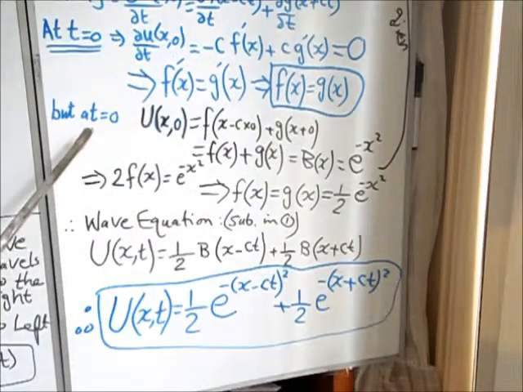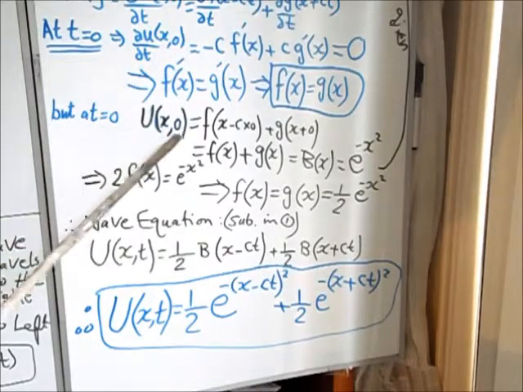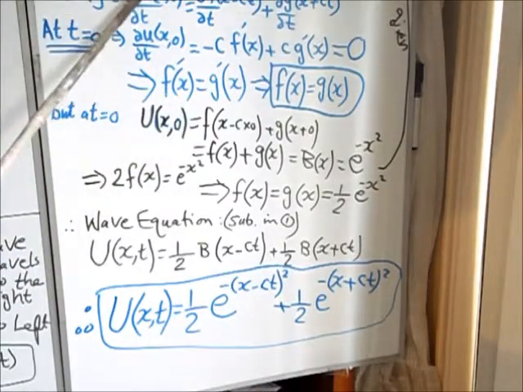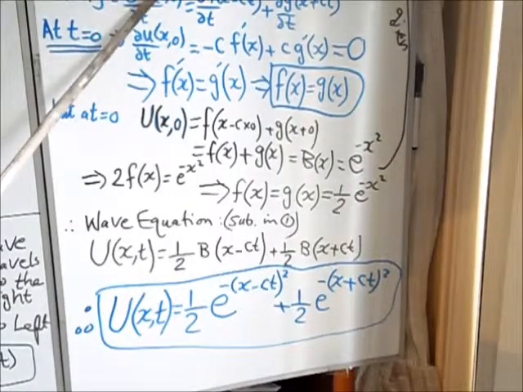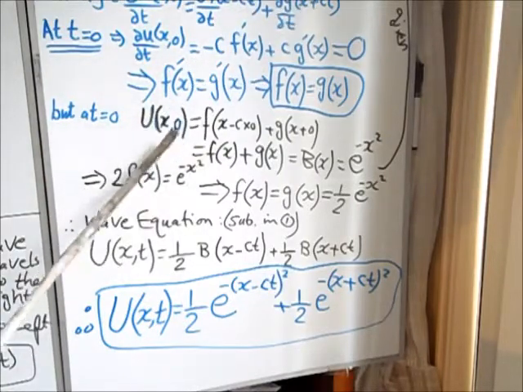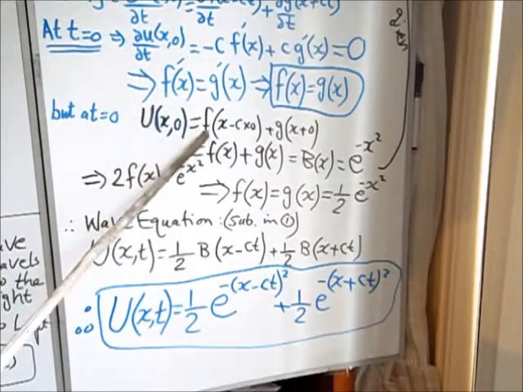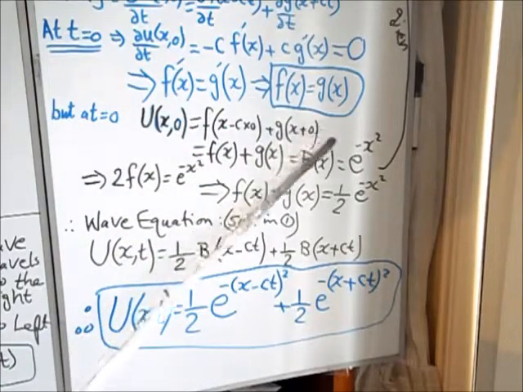But we know that at t equals 0, as we see from equation 1, u(x,0), we substitute 0, right, equals f of x, because this becomes 0, plus g of x, because this also becomes 0. So u(x,0) equals f of x minus c times 0 plus g of x plus 0.